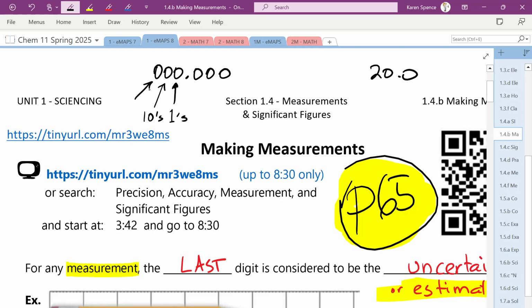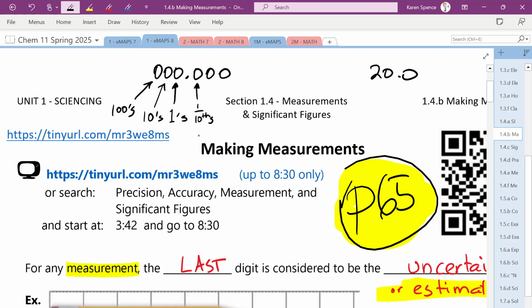This one here would be the hundreds position. Labeling these is not going to be particularly necessary, but I'm just going to use that language a bit, so it's good for you to understand it. Now, this one here, that is the tenths. Now, you don't have to write it as tenths.